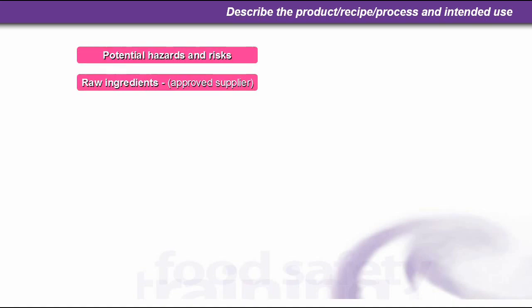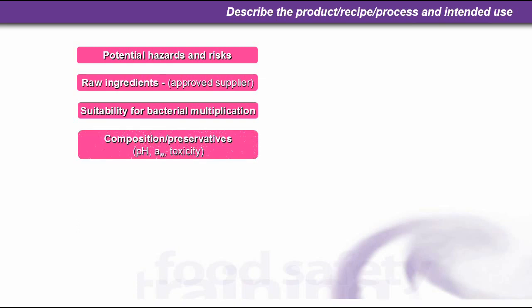Describe the product, recipe, process, and intended use. Potential hazards and risks. You need to look at those. You need to look at the raw ingredients, make sure they come from an approved, reputable supplier. What is the suitability for bacterial multiplication in the foodstuff?